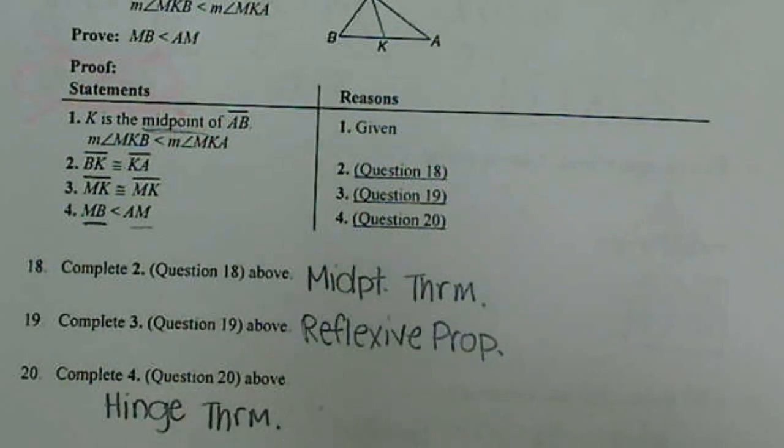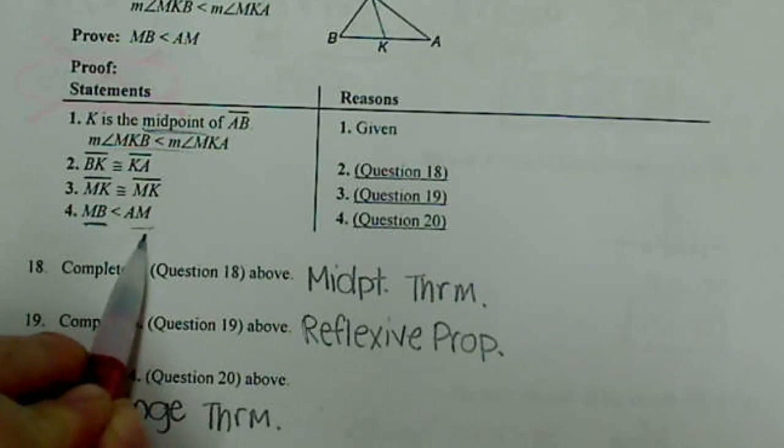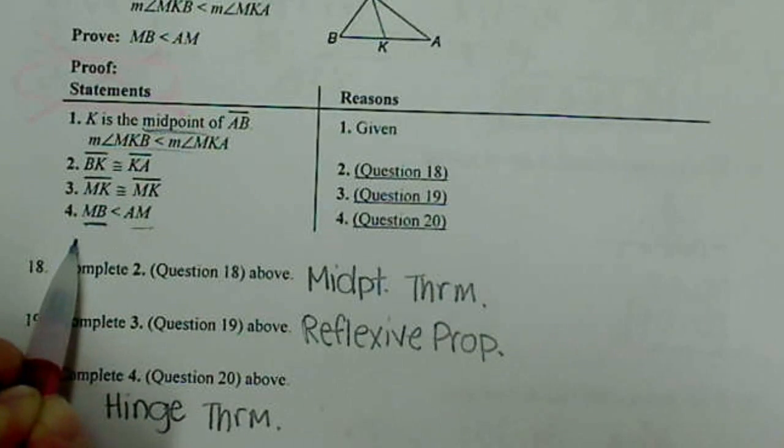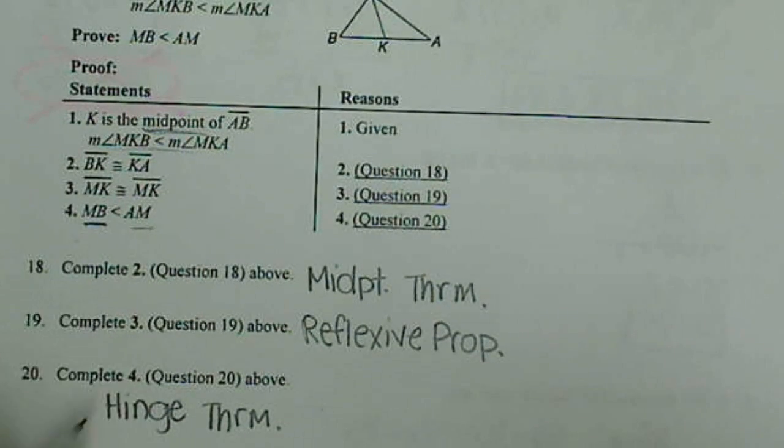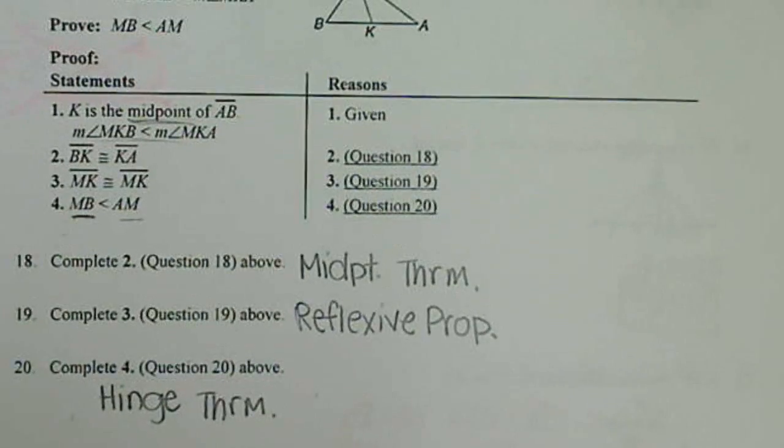The hinge theorem, think about a door hinge. The angle opposite the sides, there's a relationship between them. Number 20, hinge theorem. Make sure that you know the converse of the hinge theorem also for your test.